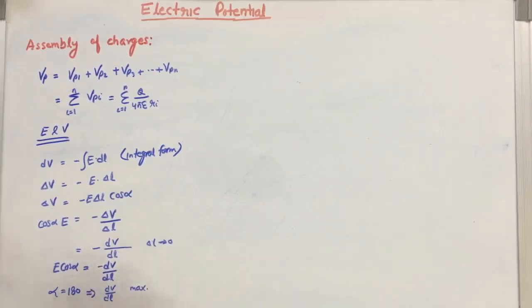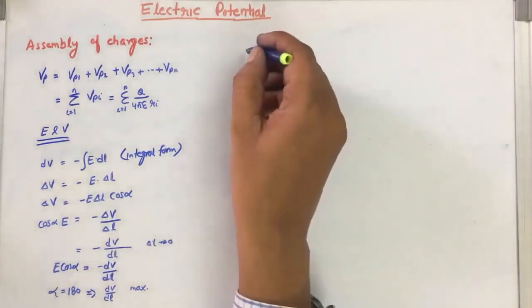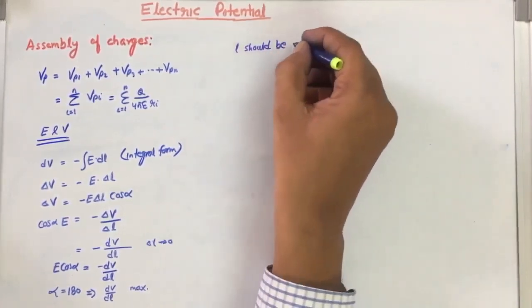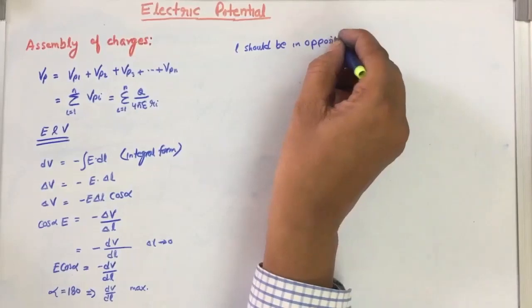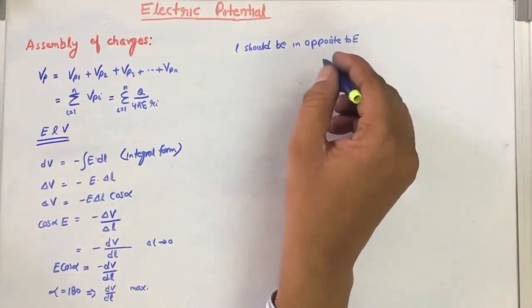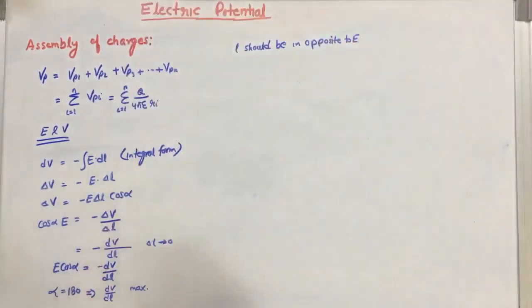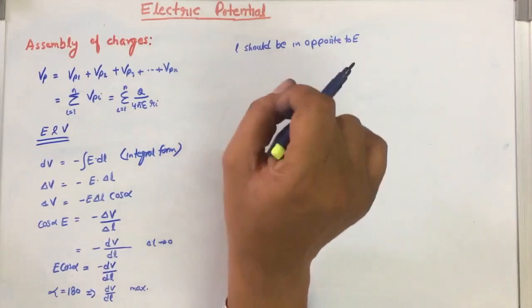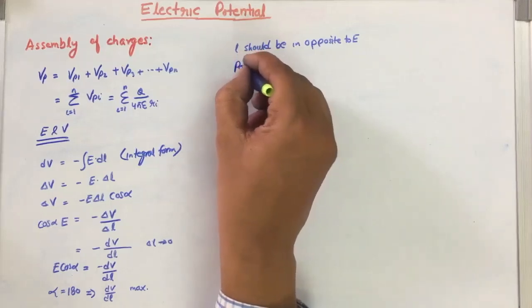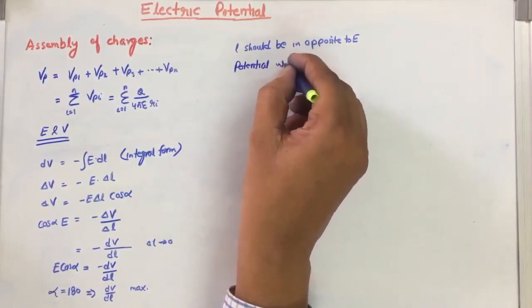It means L should be in opposite direction to E, and if both are in opposite direction, then potential energy will increase, and if potential energy increases, then potential will increase.